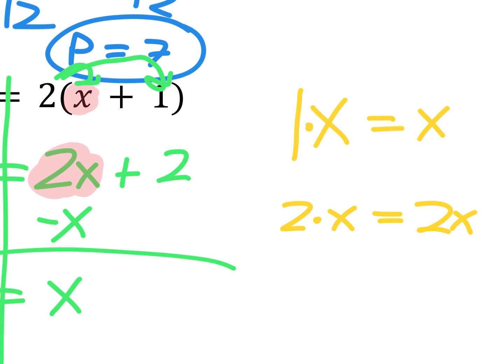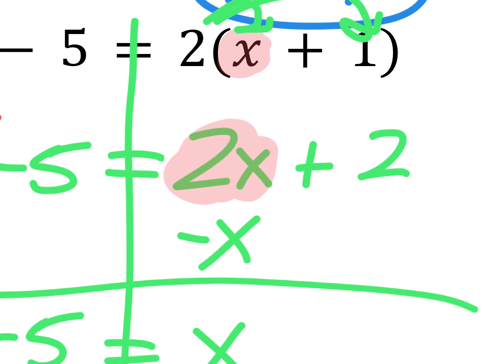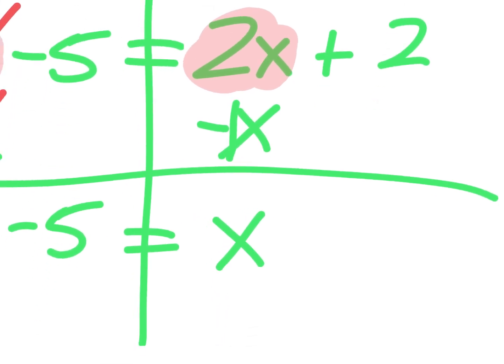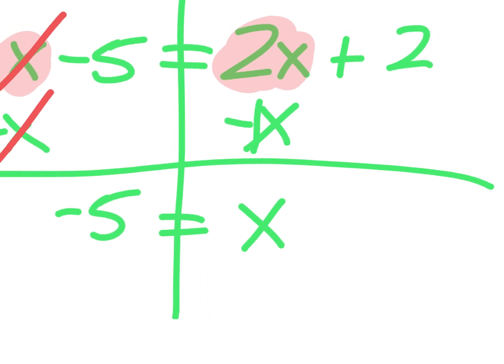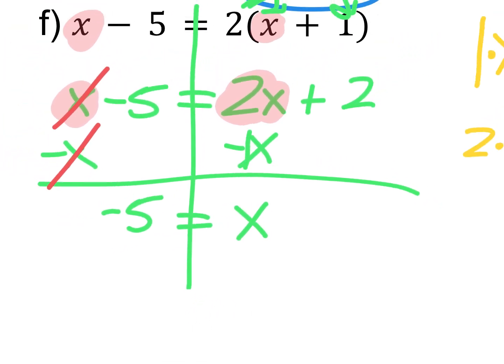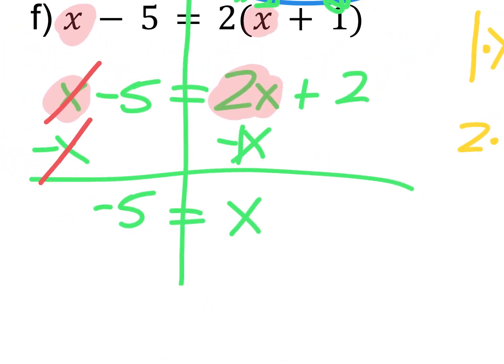So if you ever see x, we can assume it is 1x, and that can help us in problems like this where we have 2x minus x. So another way to have written this would have been to say 2x minus 1x, which will just give us 1x, okay? But I'm not going to write the 1 there, that was just to help explain. So we did 2x minus x, and that's how we got here.